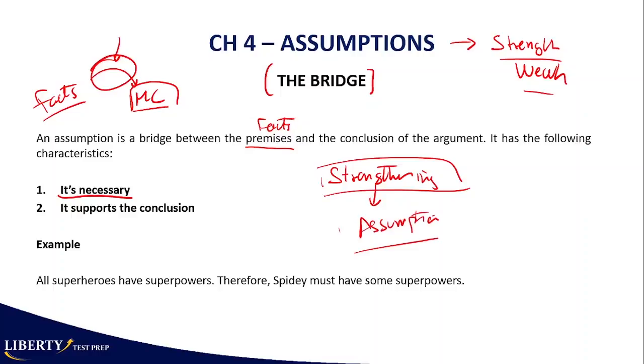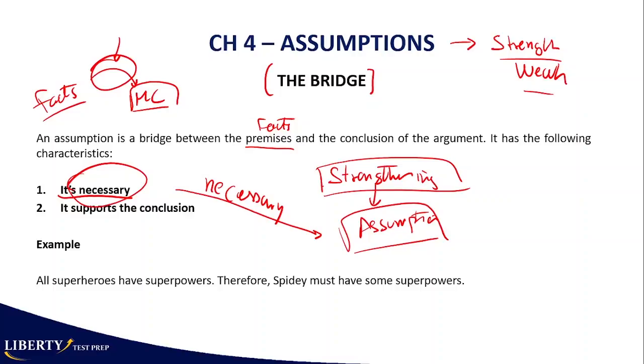Now, what's the difference between any assumption and most common strengthening answers? The difference is that the assumption not only strengthens the argument, but is necessary. So the necessity, right? Now, what does it mean for it to be necessary? That if you say that the assumption is not true, the whole argument just crumbles.